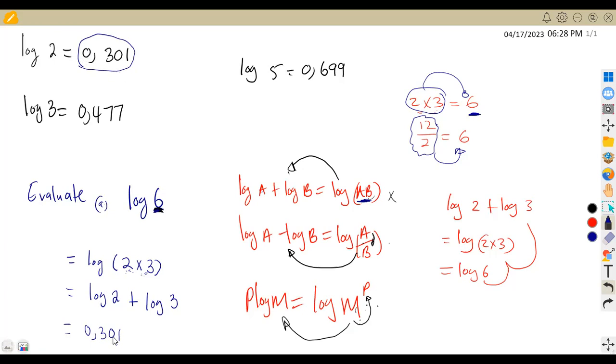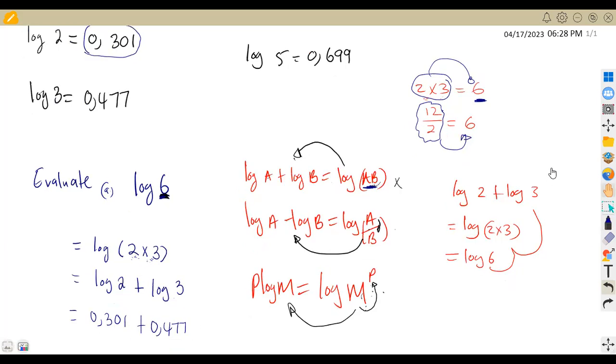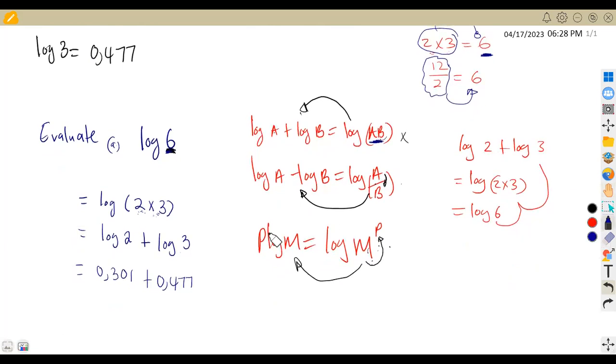So this is the one that you're going to have here, plus log 3. What is the answer for log 3? Log 3 is equal to 0.477. So we are now replacing equivalent values for log 3 and log 2. From there, we are going to add these numbers because we can add decimals as long as the commas are in line.